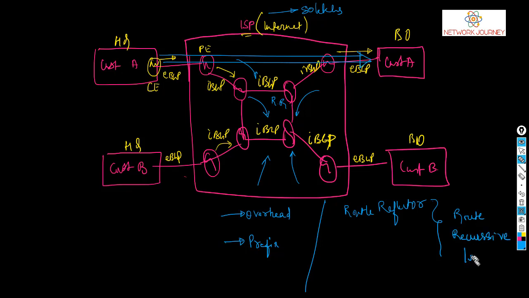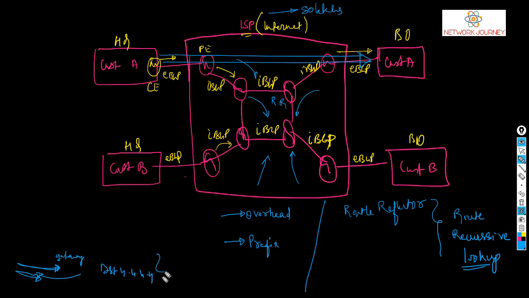So what is recursive route lookup in BGP? While sending to some destination, let's say destination 4.4.4.4, it does two lookups on its routing table. The first is how to reach the gateway, and then it comes back to check the routing table once again to see the shortest path to reach that destination.